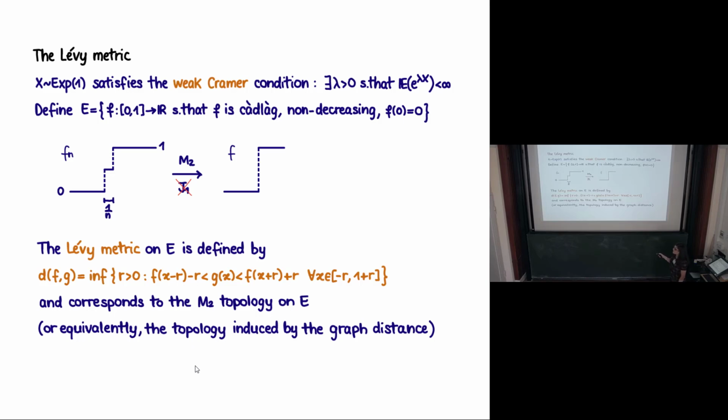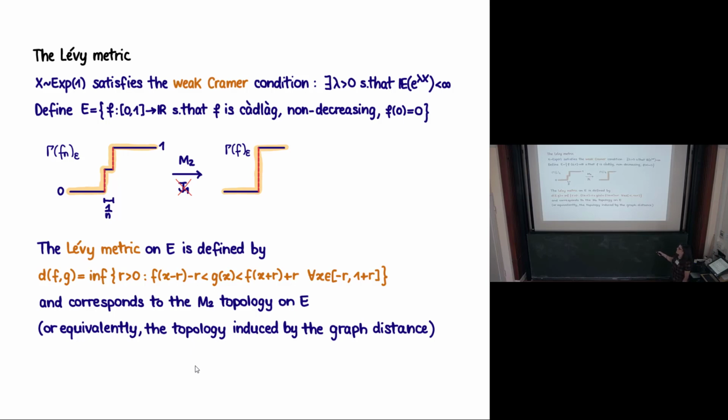We need a weaker version of that, which is sometimes called graph topology or M2 topology in Skorokhod's papers. This will be built on a comparison between the graphs of the functions in the following sense. It is basically the Hausdorff distance, just to mention Hausdorff again in our talks. You consider the graph of the functions by gluing all the jumps with vertical segments, and this gives you a curve in R2.